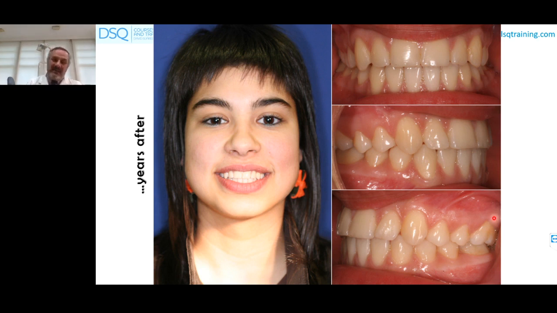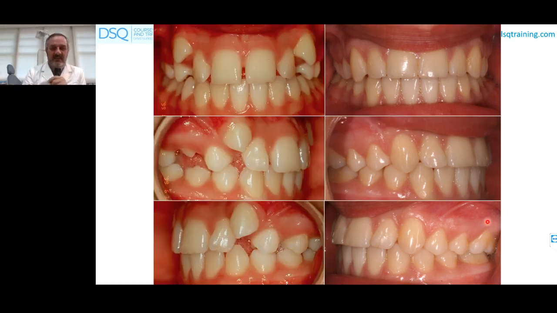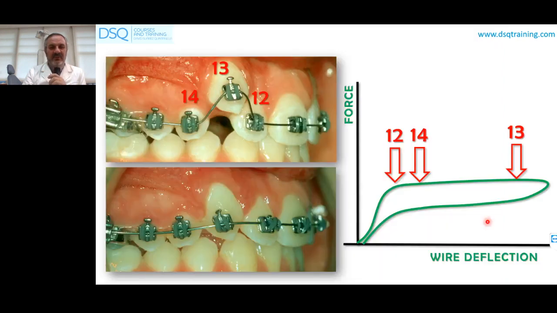The gingival recession comes from brushing, but in many cases it is a problem of overexpansion. We have a little bit of overexpansion of the arches, and I think it's very important to control this.